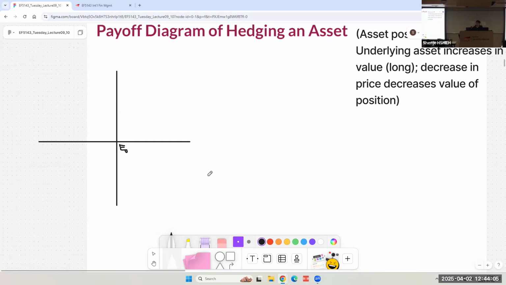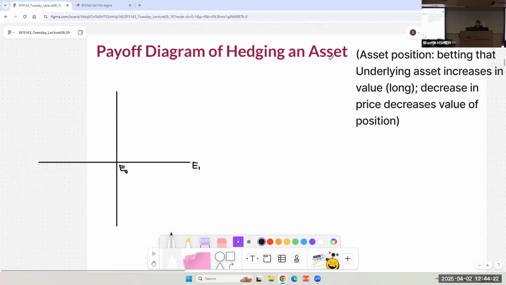So let's assume that we bought an asset, foreign currency for example, at E naught, and we want to sell it in the future. And so relative to the original price, I can either have a gain or a loss, right? In this case, since we're going long on the asset, I'm hoping that E1, the next period's underlying price, is greater than E naught.